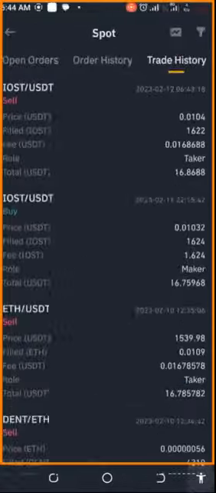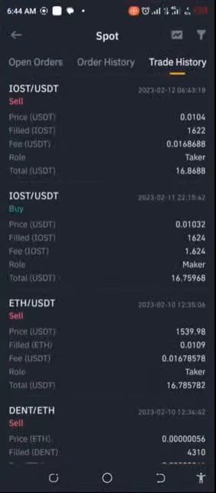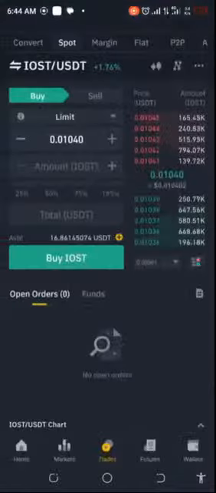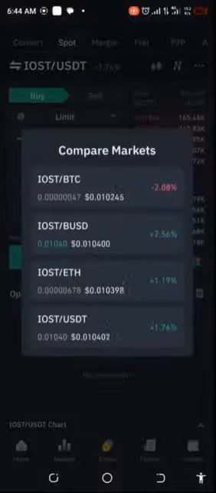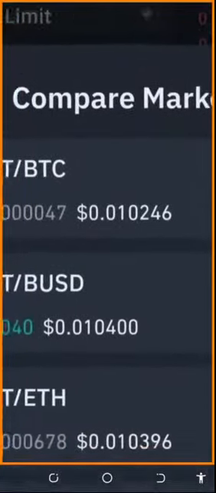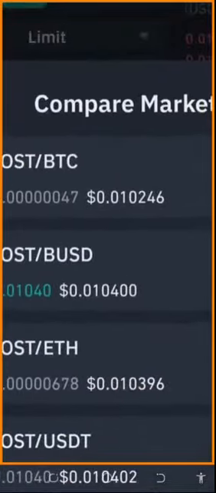Now, what were we supposed to have made if we were still in the queue? Just take a look at this. You'll see here what we were supposed to get the other time. Can you see that IOST BTC is 0.0102? It was supposed to be 0.0104, almost the same value as what we're doing now.